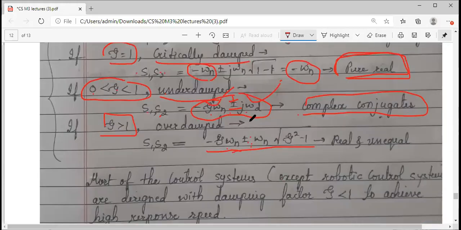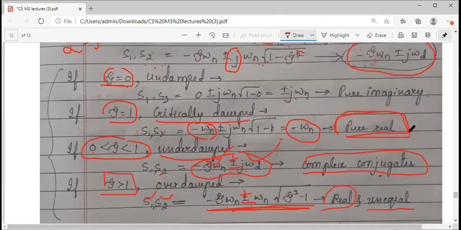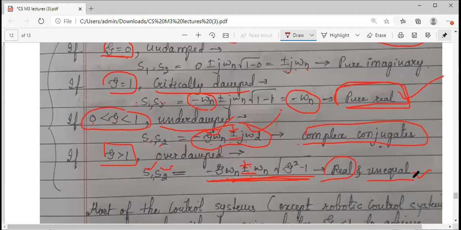Observe here, no doubt, whatever root value you got has no j term. But you have one time plus and one time minus. Means, no doubt your roots are real, there is no j term, but they are unequal. They are distinct roots. Earlier we got real and repeated. This time we got real and distinct roots, unequal roots.